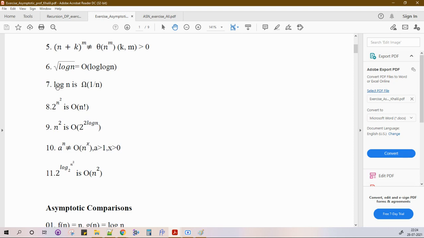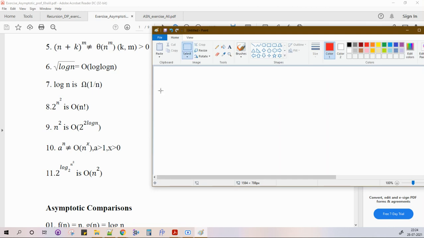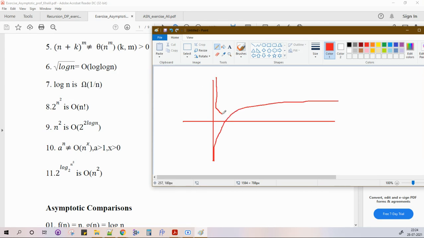Next, log n is omega of 1 by n. This can be answered directly. Log n is a monotonically increasing function, like this. And 1 by n is a decreasing function, like this. It will always be decreasing, going towards 0, right?